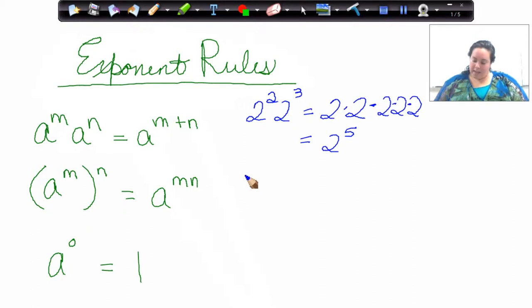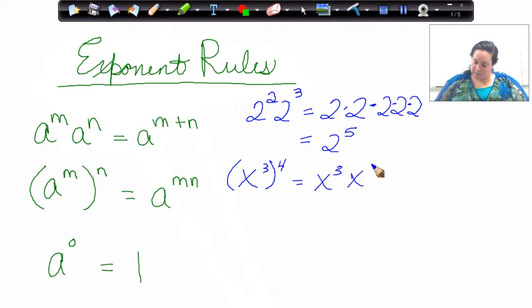If we have an arbitrary x raised to the 3rd power, and that is to the 4th power, that means x cubed 4 times: x cubed, x cubed, x cubed, x cubed.